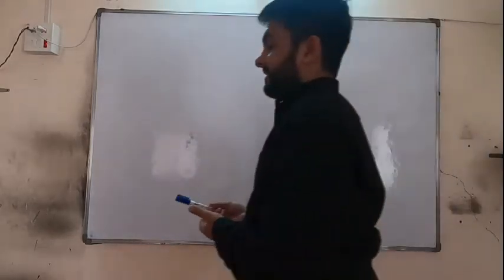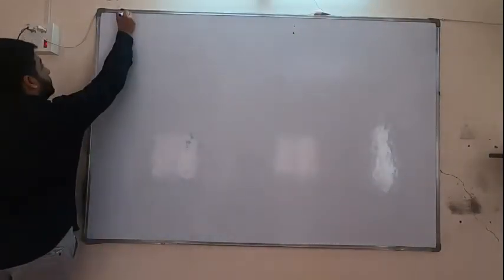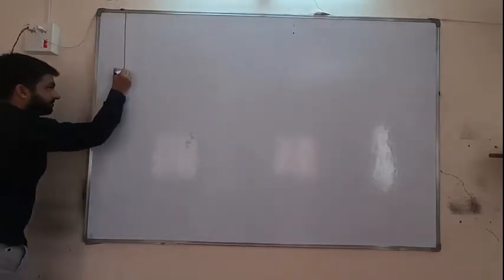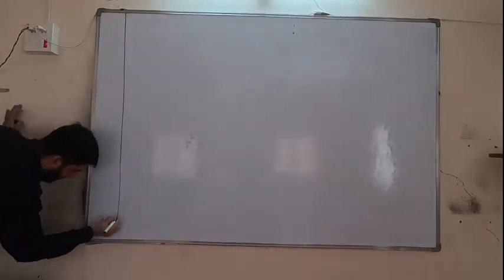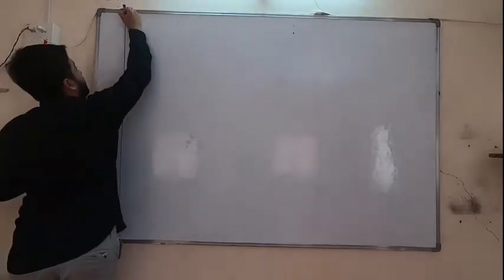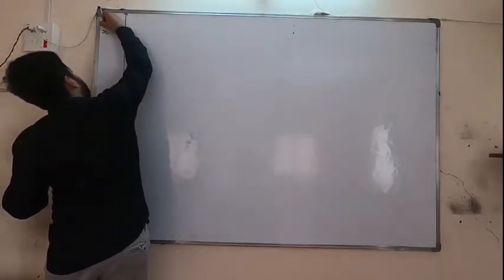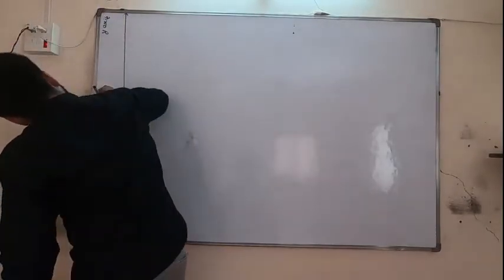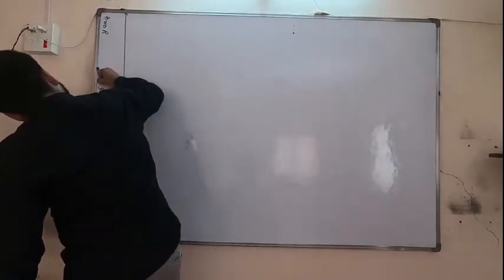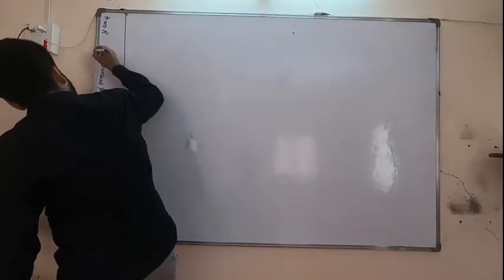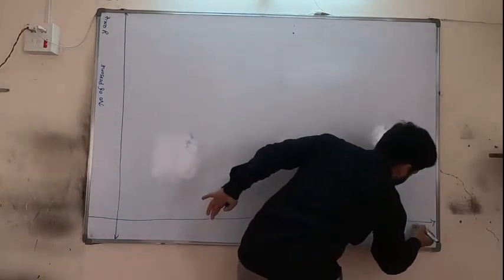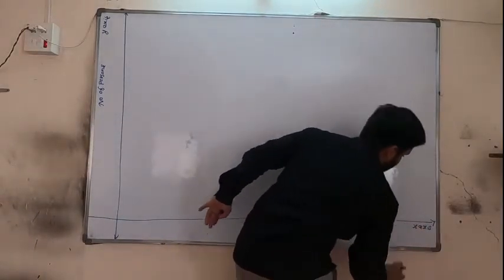Now first I am drawing the axis. First line, first box itself. This is the y-axis. We are showing number of persons here, and again first line itself, this is the x-axis.